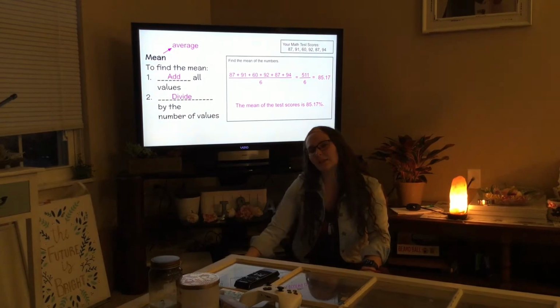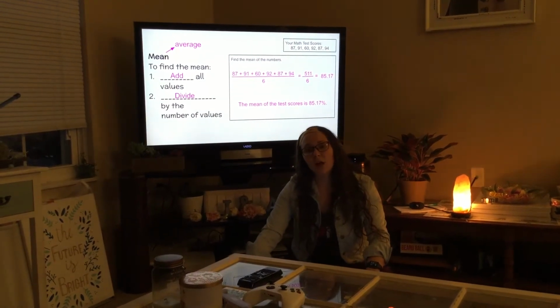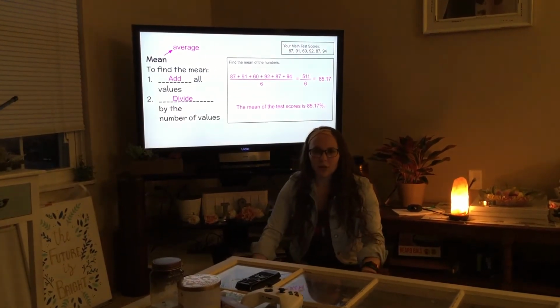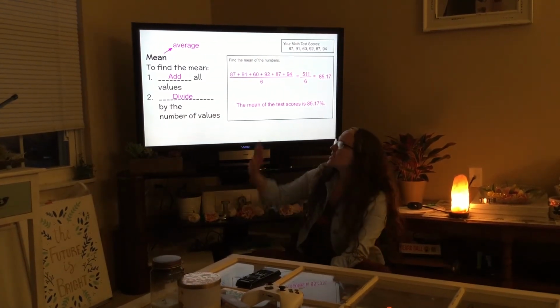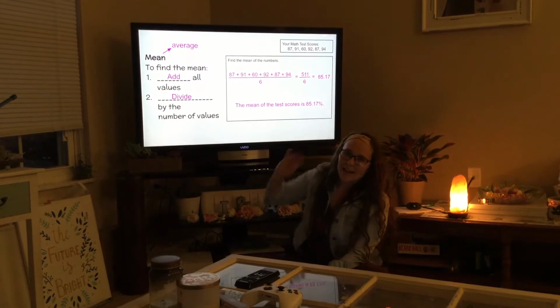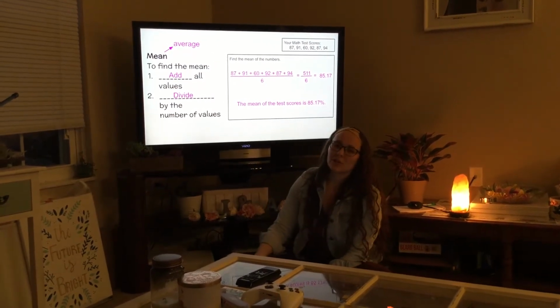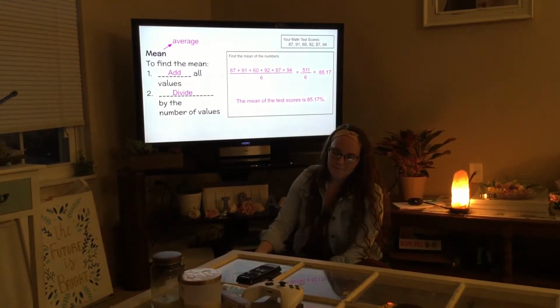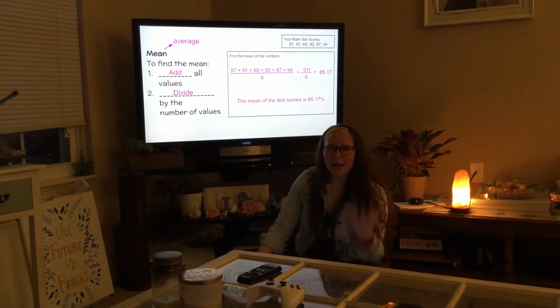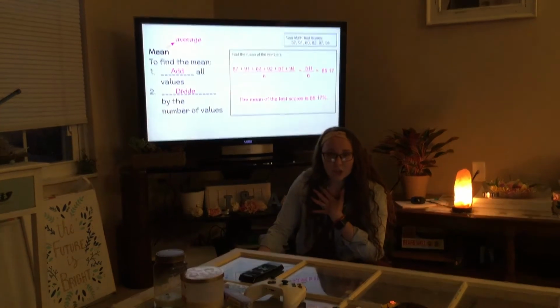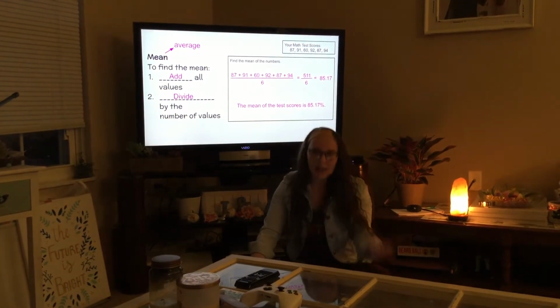If it doesn't specify what you should round your answer to, I would say hundredths place is probably a good value to round to in general. So sometimes with mean, the numbers look kind of nasty, so you might have to round to the nearest hundredths place, okay? One other way that I remember how to find the mean is it's kind of mean of us teachers to ask you to add up all the values and divide it, right?